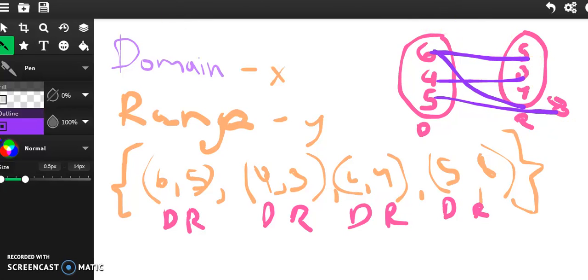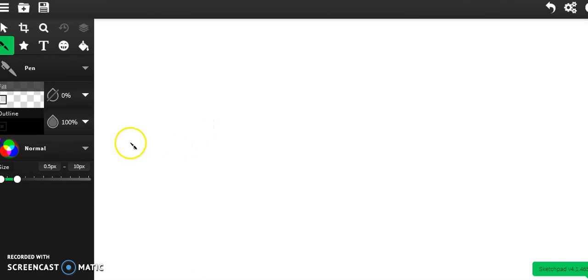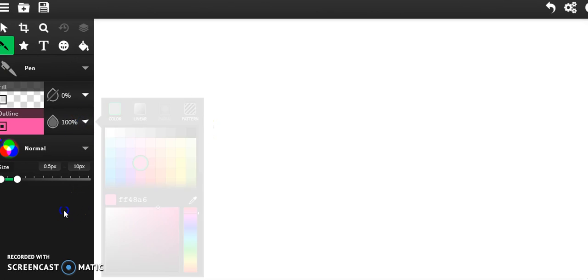Now, let's look at an example where we have a function.